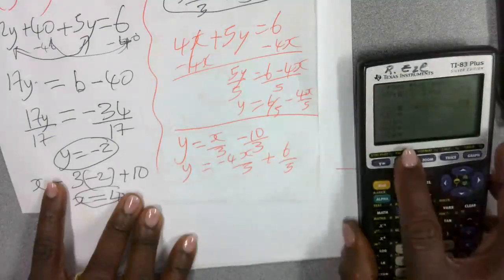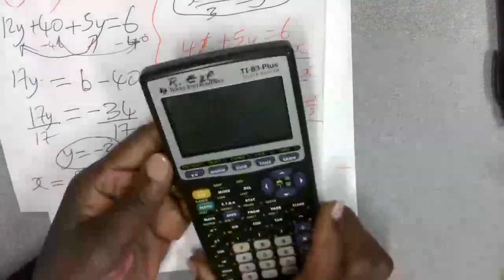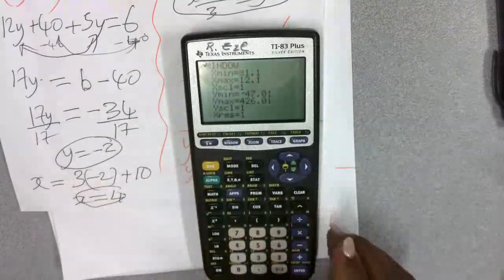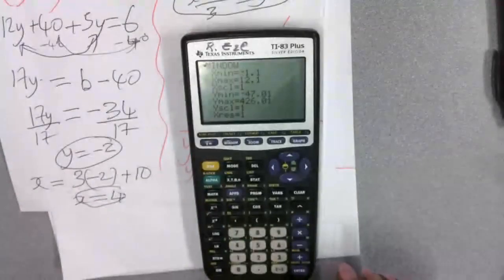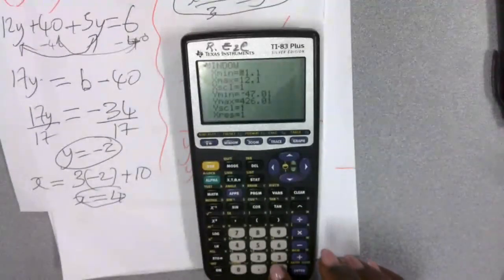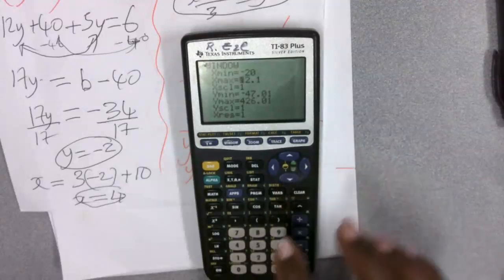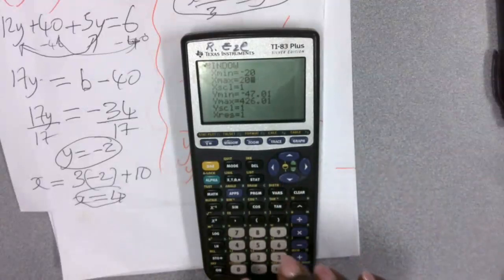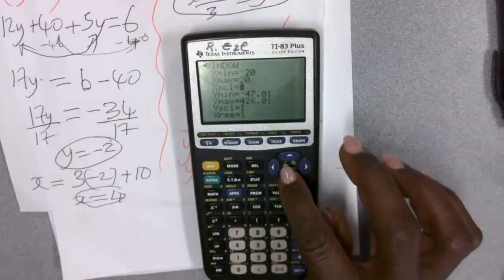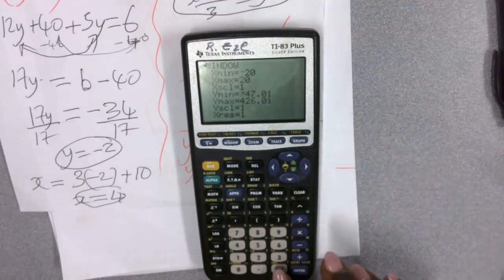And when I go to my windows, let me check my windows. I don't like my windows. I want to change my windows to maybe negative 20 to 20, and then I can change it later. And then I want to see if I can have a complete graph.